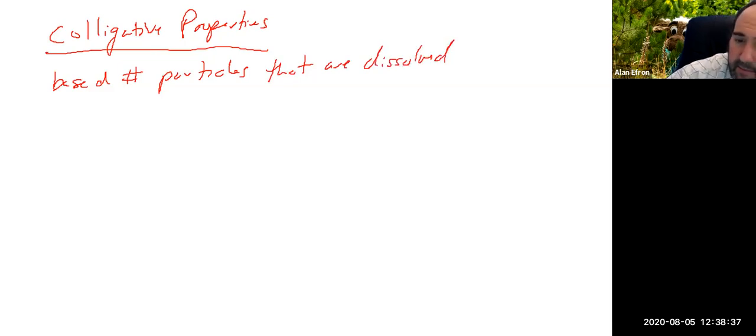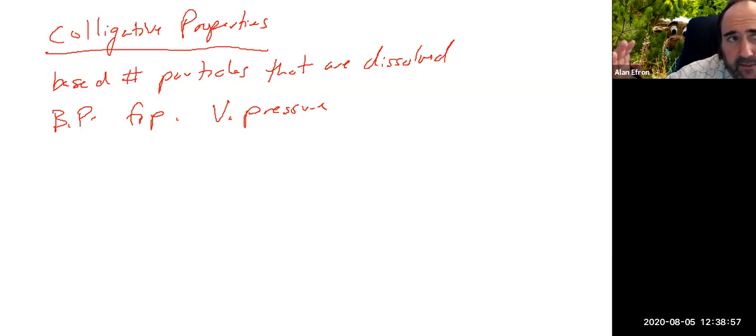Based on the number of particles dissolved in that solution, they will affect things like boiling point, freezing point, vapor pressure, etc. And remember that instead of the solvent being able to come together to freeze in its normal fashion or escape the solution at its boiling point, with all these particles dissolved in there, it creates a situation where they're unable to do that uninhibited.